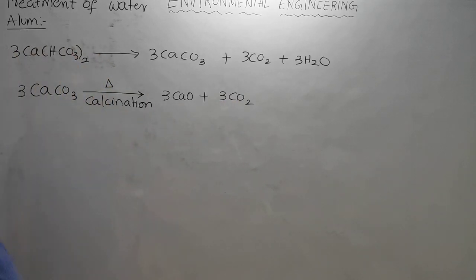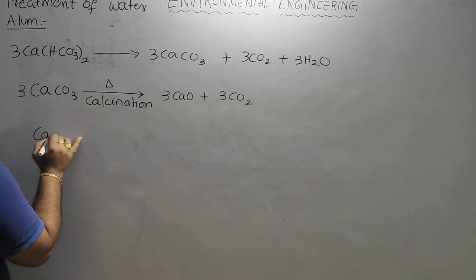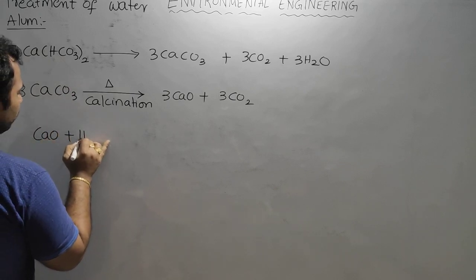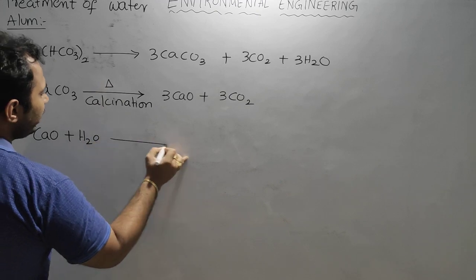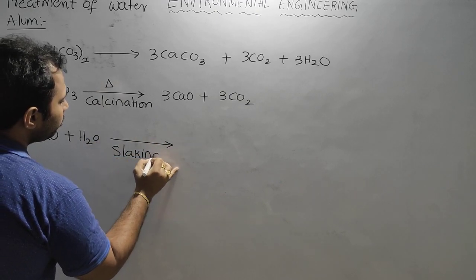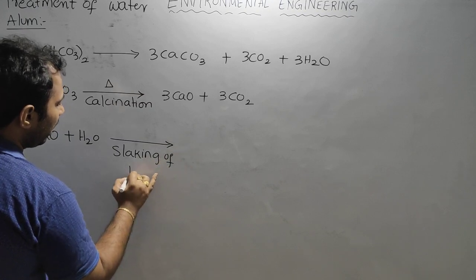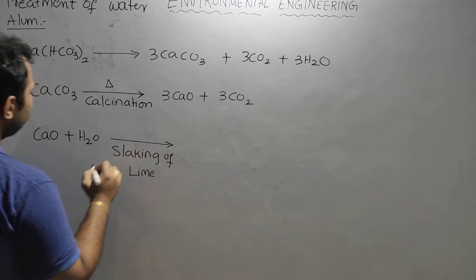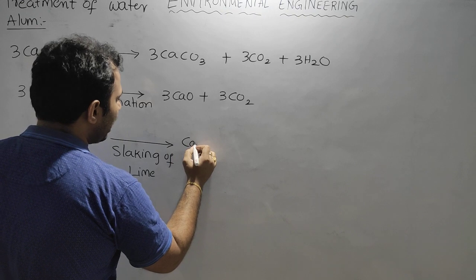And next is this CaO. If we add water to it, this is called slaking of lime. It forms hydrated lime.